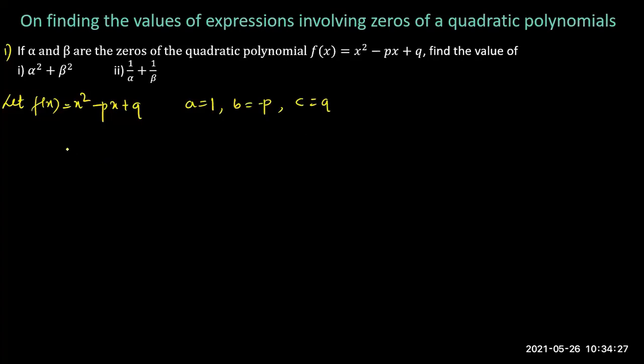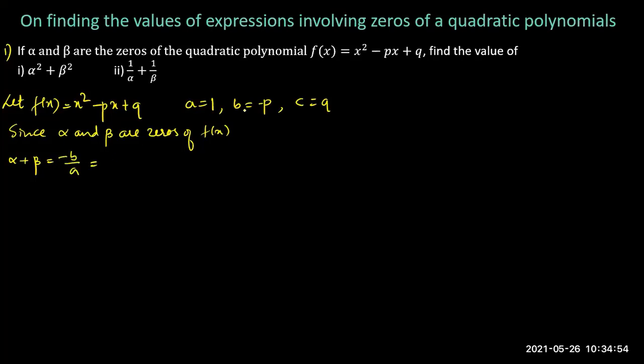Okay. So now since alpha and beta are zeros of f of x, alpha plus beta means minus b by a.